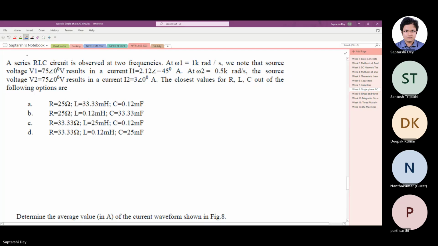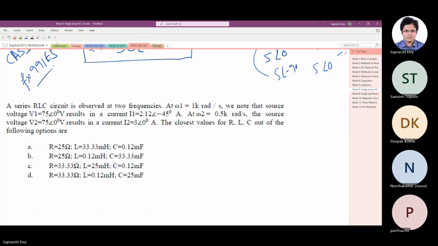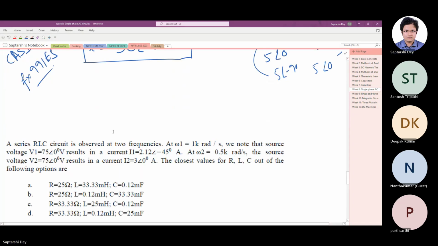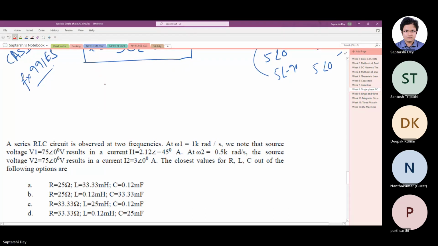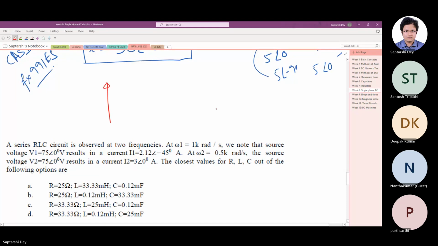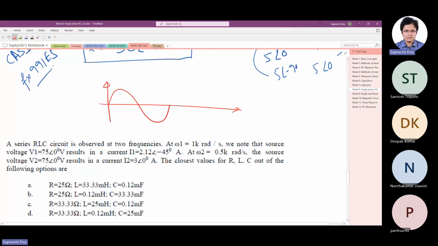See here. Okay. Let us have a general discussion. Suppose there are two sinusoids.